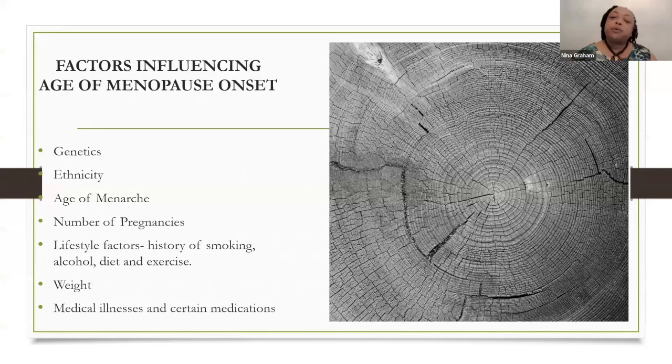Black women tend to go through menopause earlier than white, than Caucasian women. And I mentioned earlier the age at when you first started your periods. If you started earlier, then your menopause will be earlier. If you had your menarche, or you started your menses, at 16, then you may go a little further past the age of 50. And again, lifestyle.